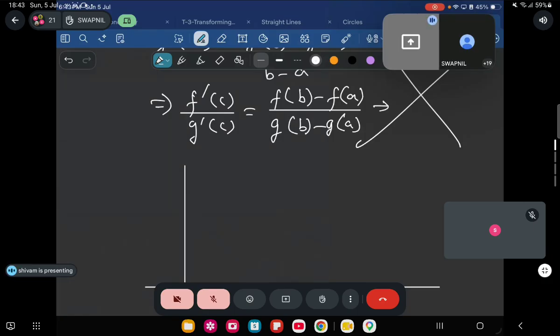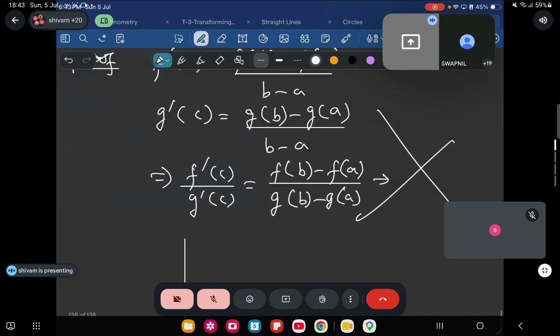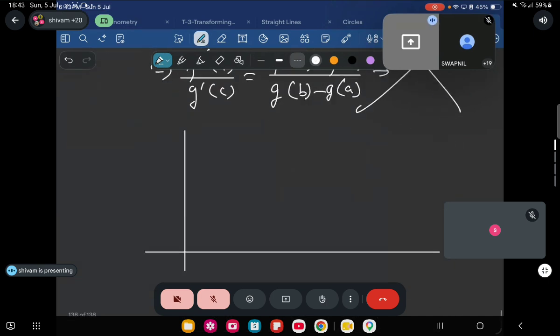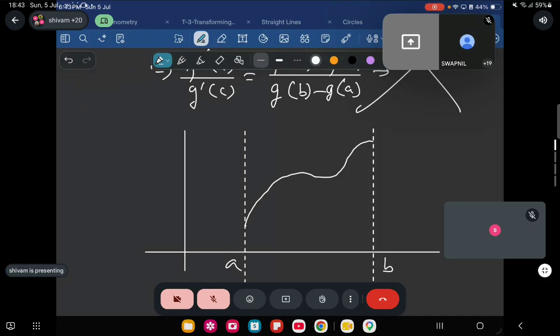Yes, you are more or less correct. Try to understand, everyone. If this is f(x), this is the interval a comma b. f(x) might be somewhat like this when you are applying LMVT, and g(x) might be somewhat like this.